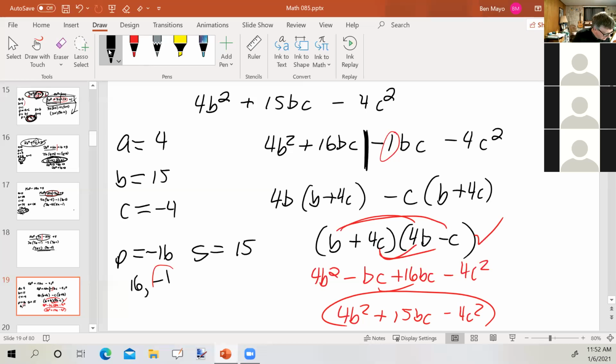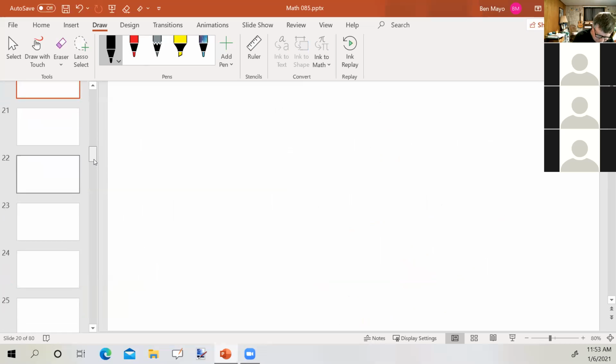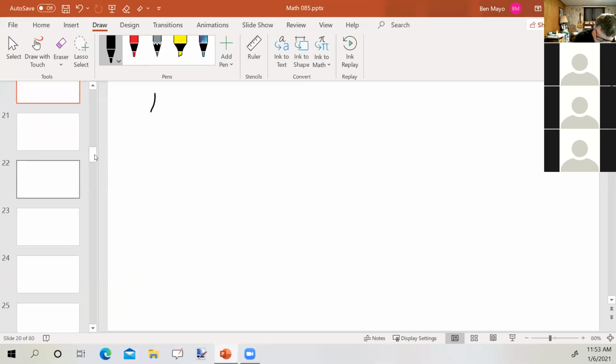Alrighty, let's take a look at this one. 16r minus 40r squared plus 25r cubed.